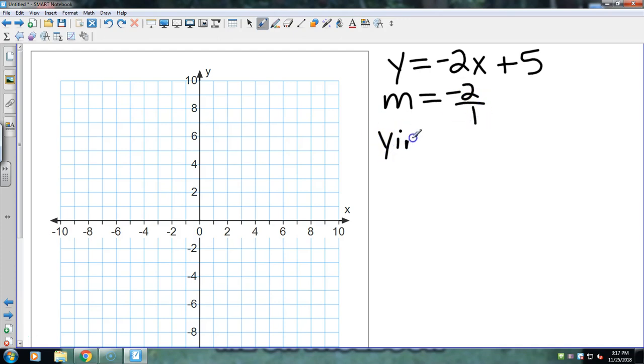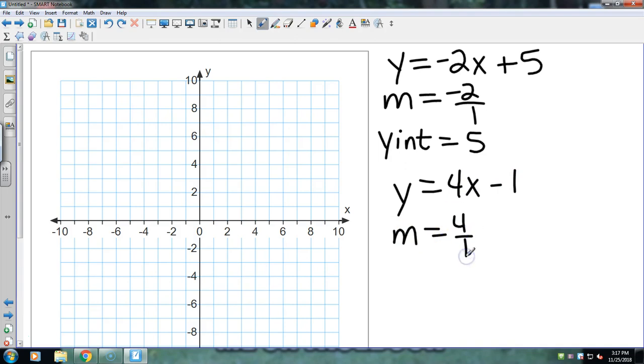The y-intercept is 5. And then my second equation is going to be y equals 4x minus 1, where in this case we have a slope of 4 over 1. And we have a y-intercept of negative 1.